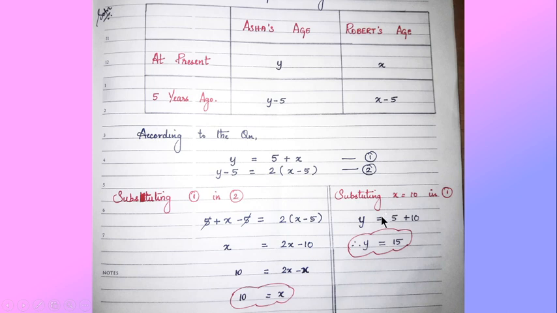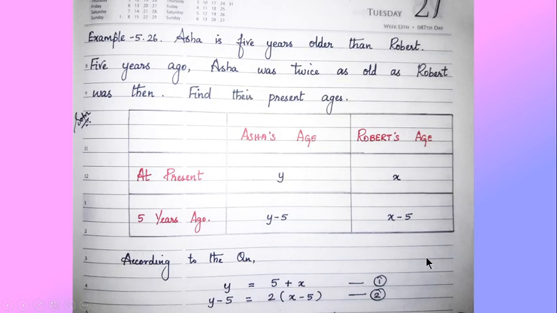Since we have to find both variables, you can find it by substituting x is equal to 10 in equation 1 or even in equation 2. But it's simple to substitute in equation 1. So when you substitute x is equal to 10 in equation 1, we get y is equal to 15.